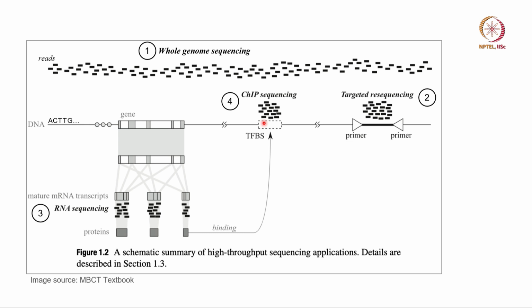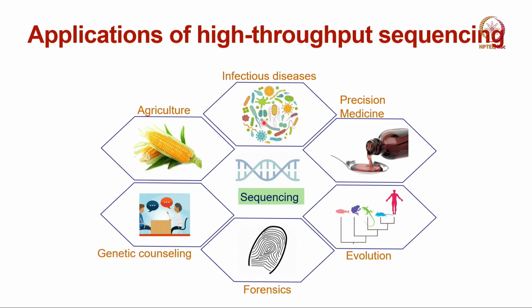There are many other technologies which are not being covered here, but the message is that there are high throughput sequencing technologies which can generate a lot of data, and they allow us to understand the molecular mechanism by reading the DNA, RNA or protein sequences. One can imagine that there are a lot of applications of high throughput sequencing.